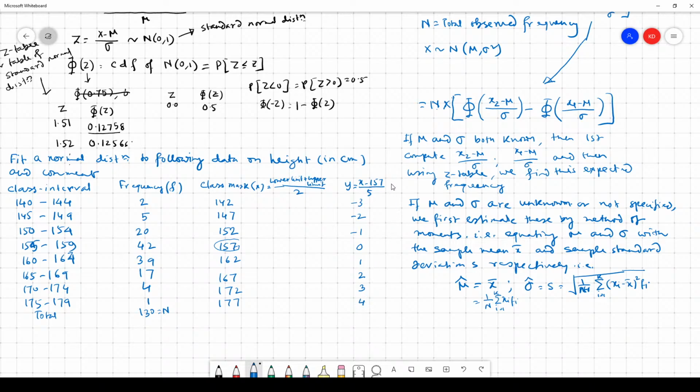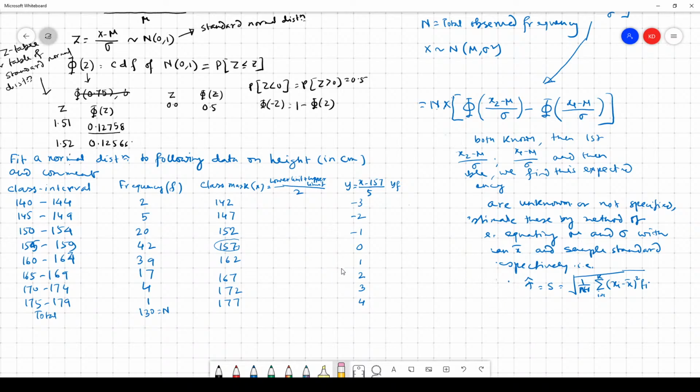Now compute y into f, which is equal to minus 6, minus 10, minus 20, 0, 39, 34, 12, 4.